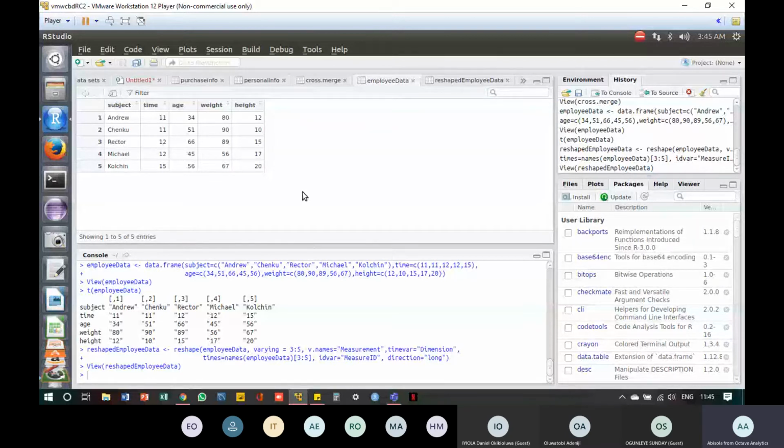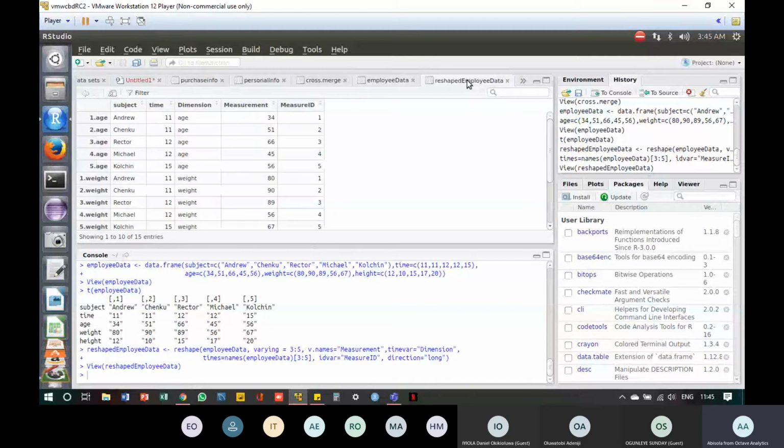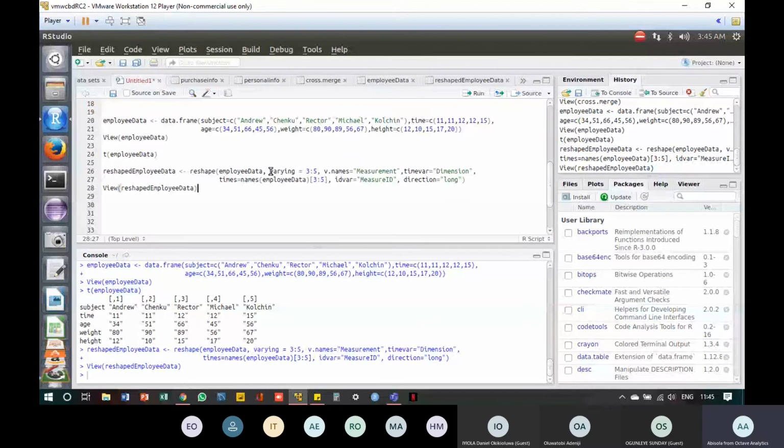And that is going to be very useful in practice. Say you have a table that has 20 columns. It wouldn't be easy for you to perform analysis on it. But when you have maybe 3 columns and it's very long, it's easier to perform analysis on a long table than on a wide table. You don't have to use everything in your reshaping, but these are the different arguments that you can make use of in reshaping your data.